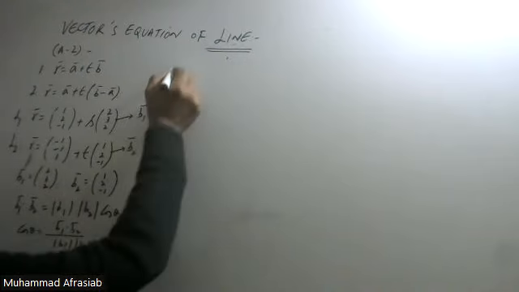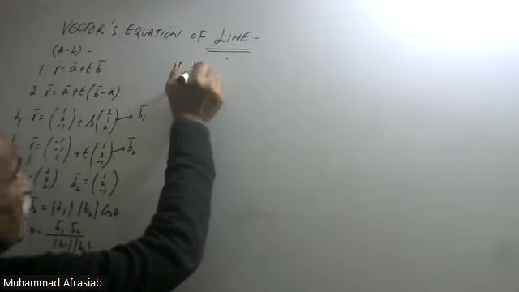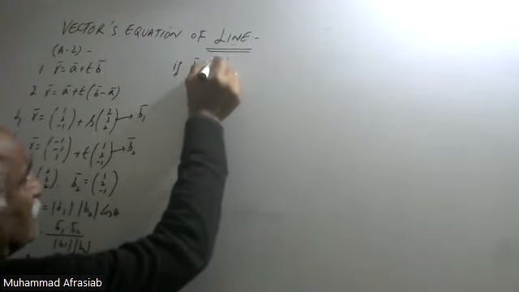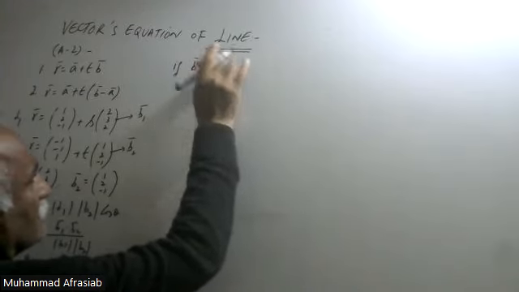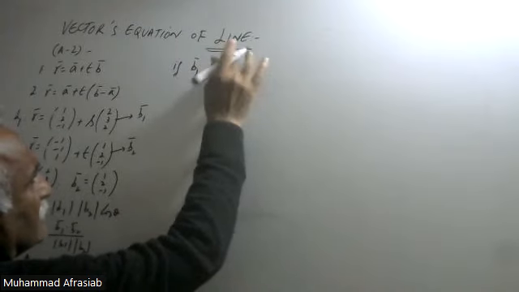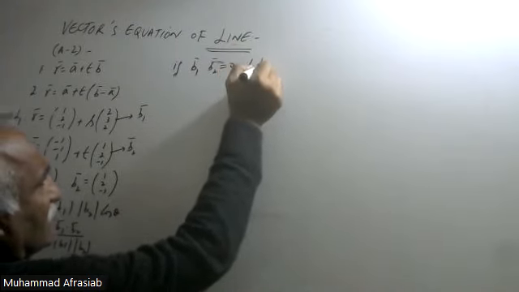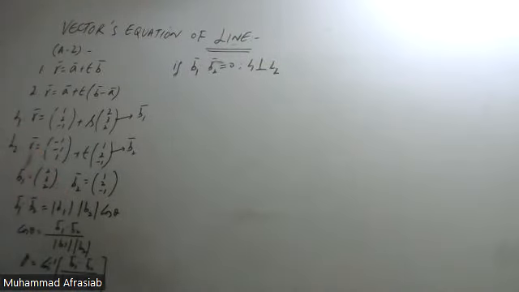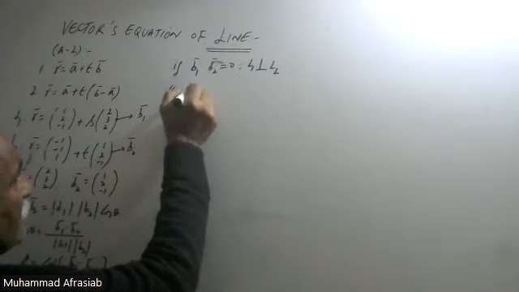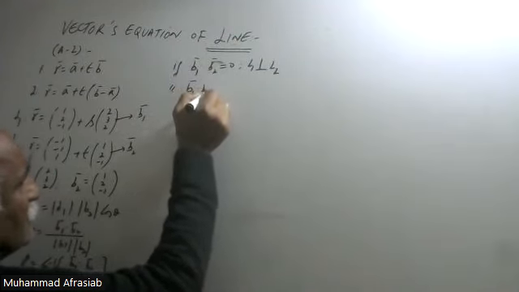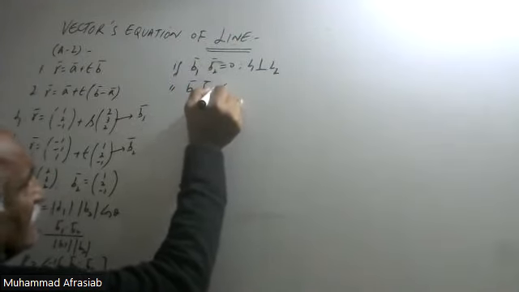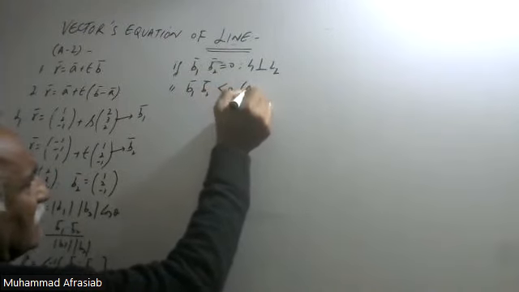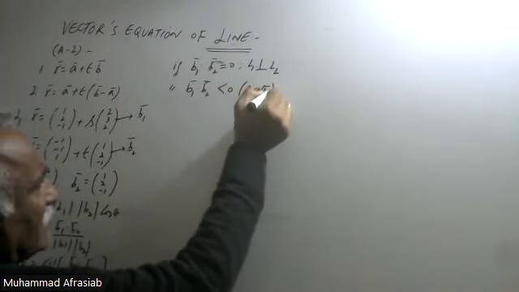So if B1 dot B2 is equal to 0, then the line L1 is perpendicular to line L2. If B1 dot B2 is less than 0, then the angle between these two lines will be acute.